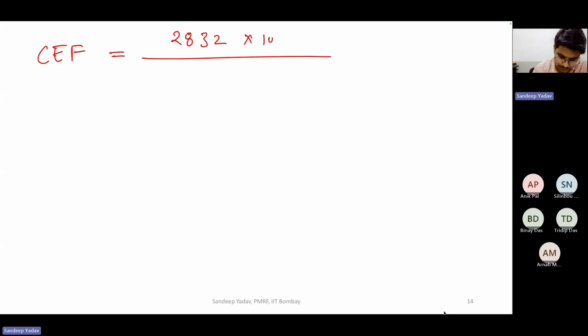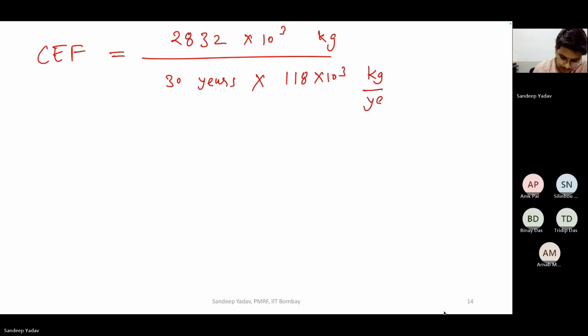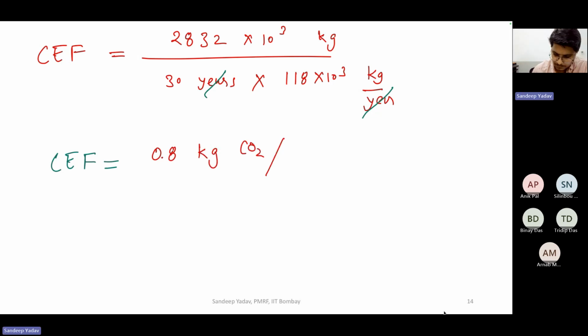Tons we will convert into kgs by multiplying by 10 to the power 3 kgs, and lifetime is given as 30 years, multiplied by total production, that is 118 into 10 raised to the power 3 kgs per year. So this thing will be cancelled out. CEF will be 0.8 kg of CO2 per kg of zinc production.